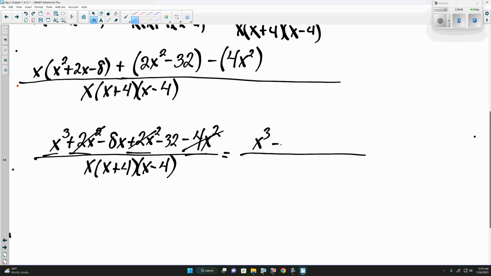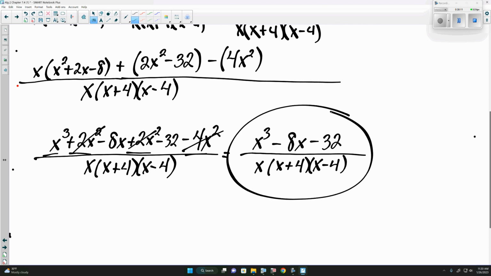And our only x term is negative 8x. So we have negative 8x minus 32. Now, for us to be able to really factor the numerator, we're going to need 4 terms because we would need that x squared to kind of do grouping and go from there. Since we have 3 terms, that is as simplified as it gets, that is our final answer.